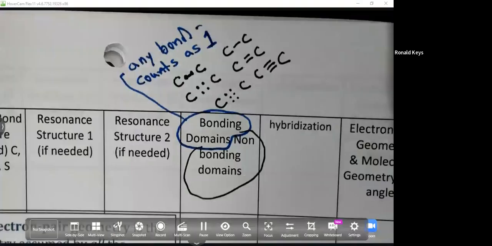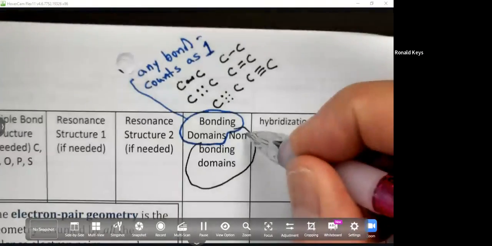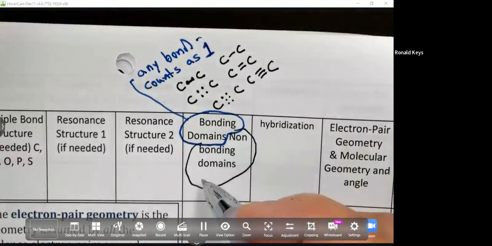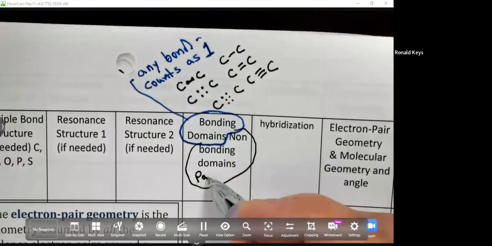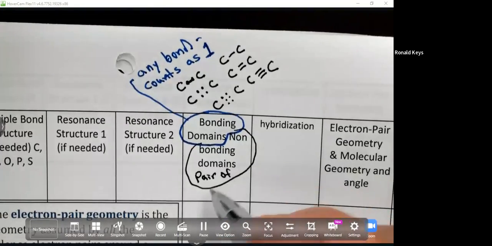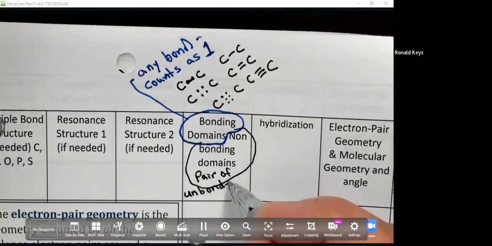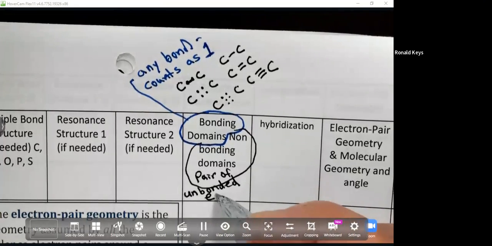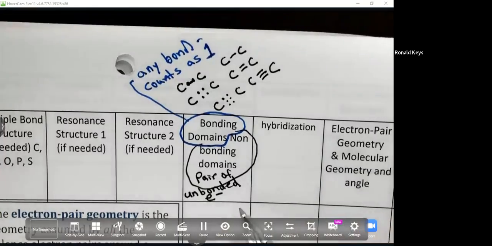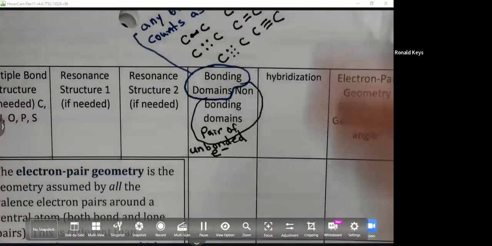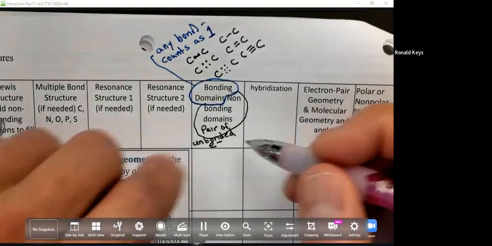A non-bonding domain is a pair of unbonded electrons on the central atom.